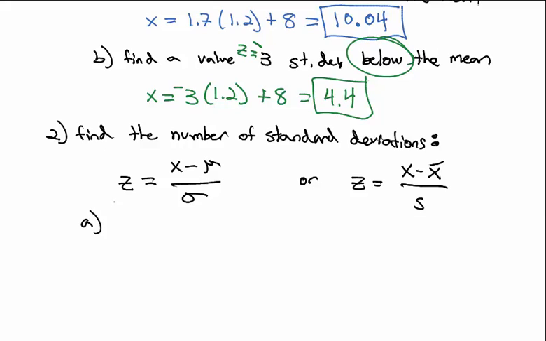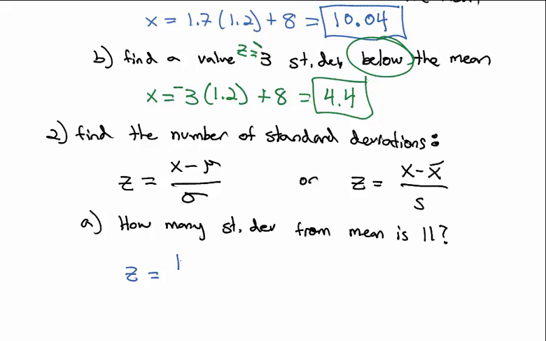So same problem, we want to know how many standard deviations from the mean is 11. So z is equal to x, the value 11. That's our x, that's our value. Minus the mean, we said up above the mean was 8.